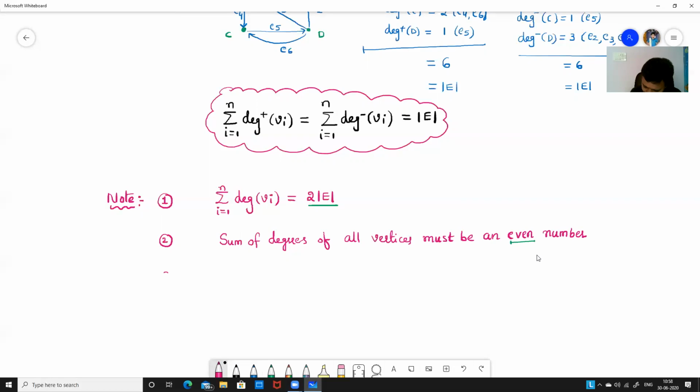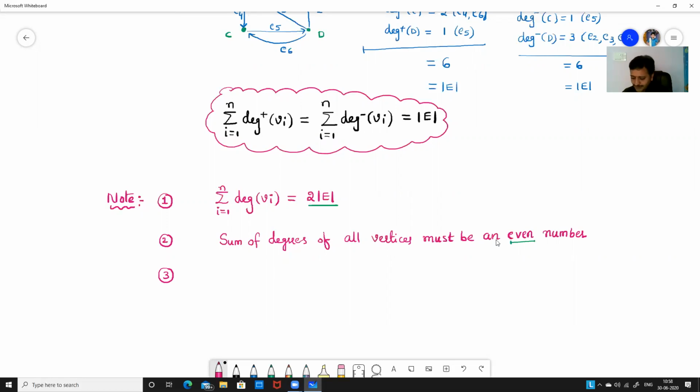Next, third point. Suppose a vertex has odd degree, that vertex is called an odd vertex. If the vertex has even degree, that vertex is called an even vertex.